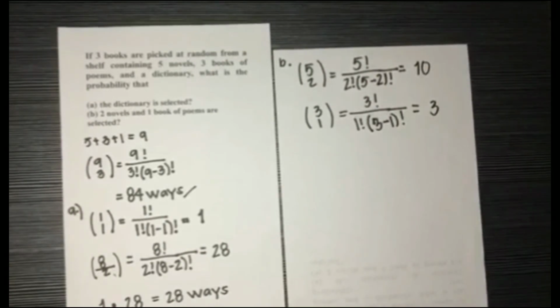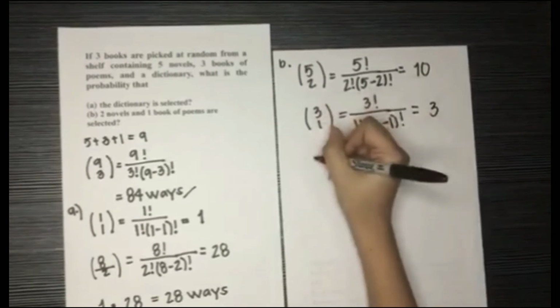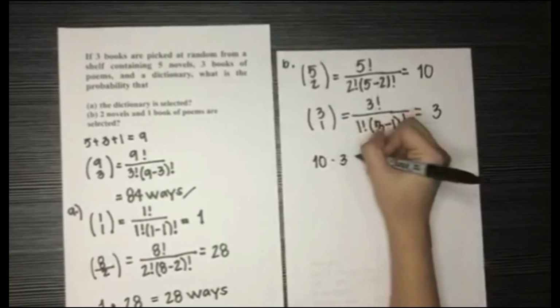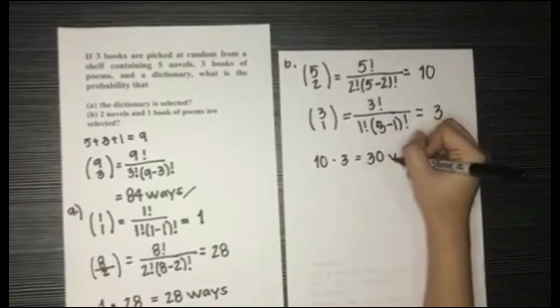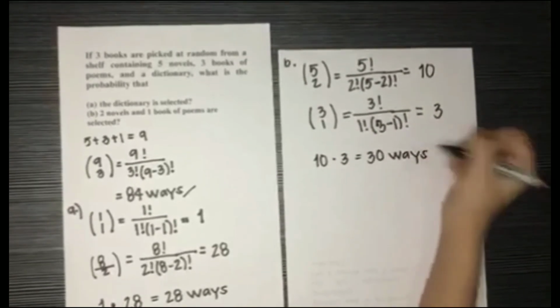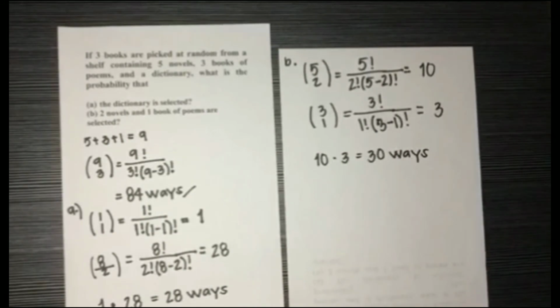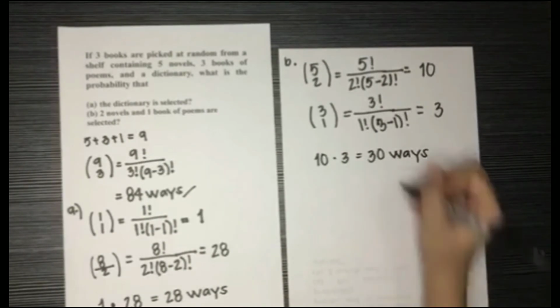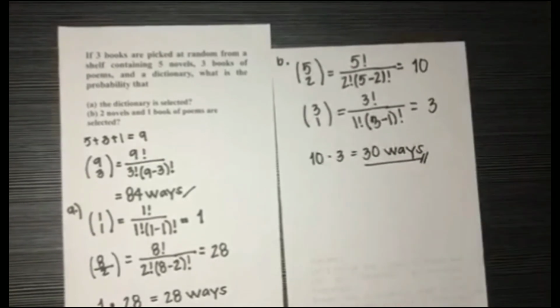If the first operation can be performed in 10 ways, and for each of these ways the second operation can be performed in 3 ways, then these two operations can be performed together in 10 times 3, which is 30 ways. So 2 novels and 1 book of poems can be selected in 30 ways.